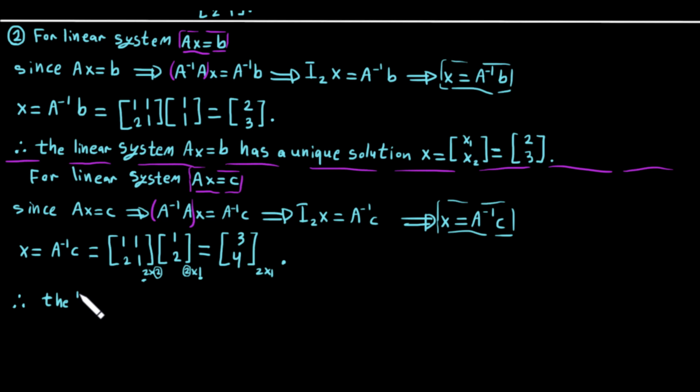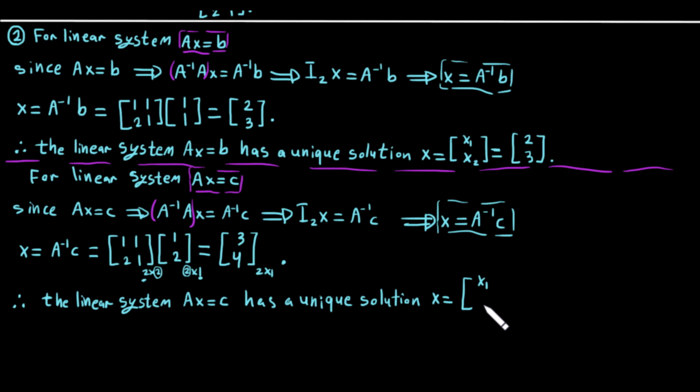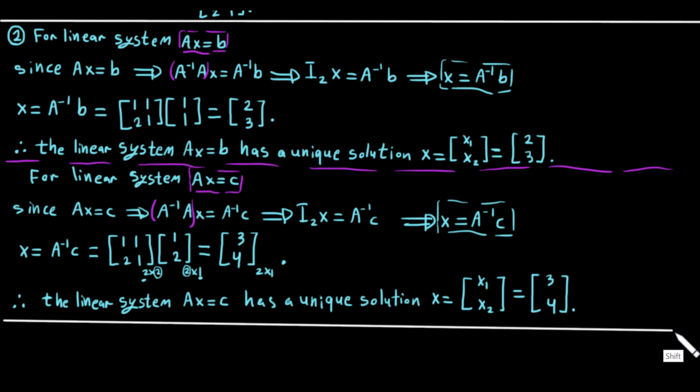The linear system AX equal C has a unique solution, which is X equal X1, X2 equal 3, 4. That's it. So we have solved number 2.